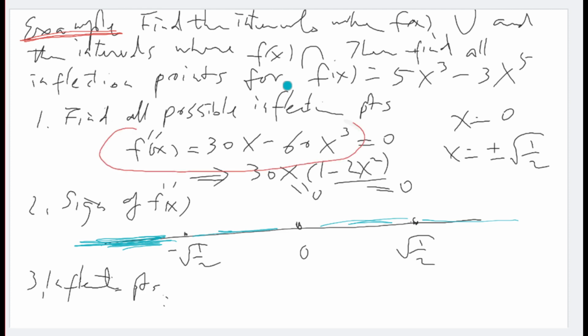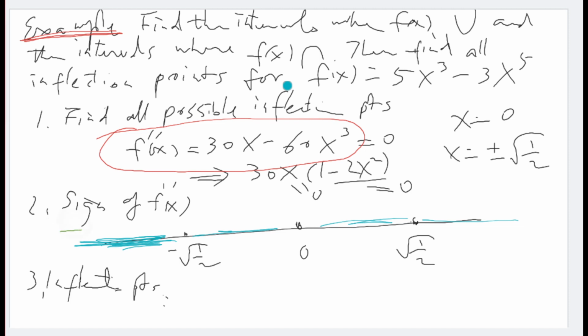Use the second derivative of the function. Pick -10 and plug it in for x. You can see this is going to be negative, and with a positive sign it becomes positive.